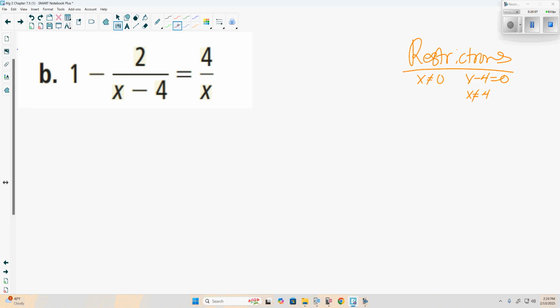So let's see what we need to multiply everything by. What's one thing we'll need to multiply through? x. And here the x and x will cancel out. We'd also need the x minus 4.